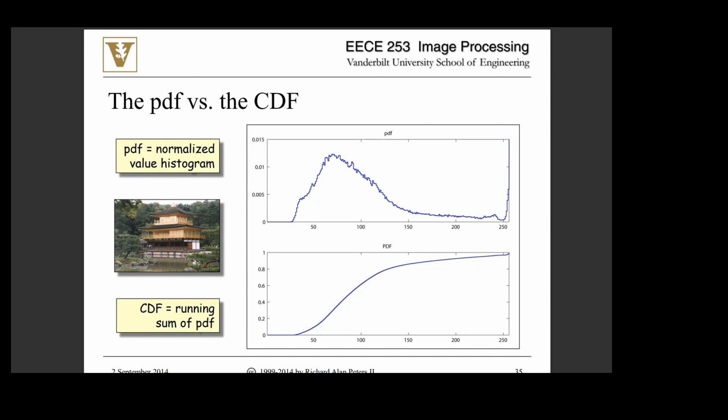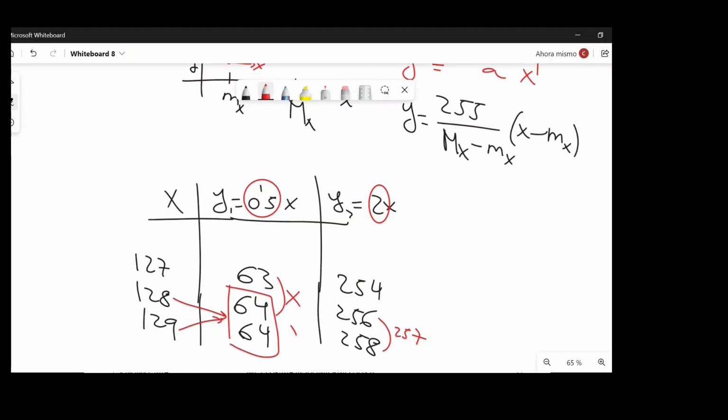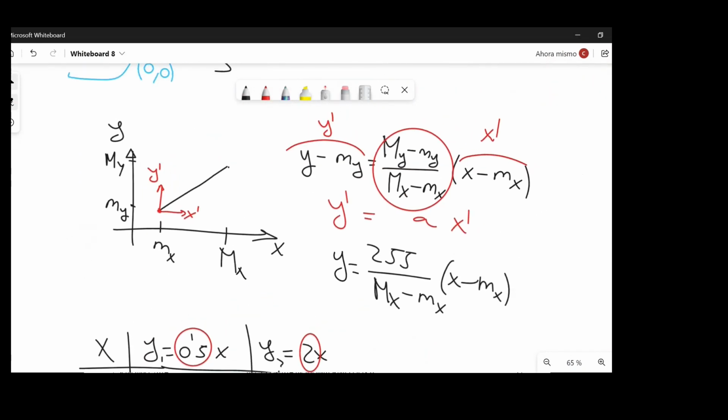And where am I increasing the fruit? So interesting features here. The minimum value here, let's say it is 30. So 30 will be mapped to 0. This is the same as what we were having here. This is the same as with this transformation.